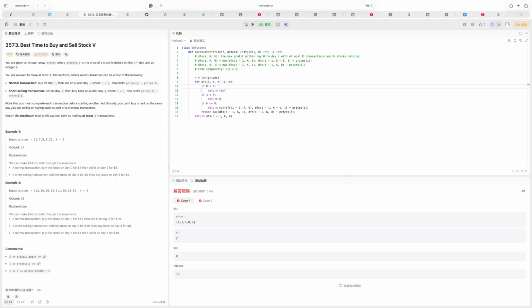Oh, like if you can transfer from one stock to no stock, and you can transfer from no stock to one stock.